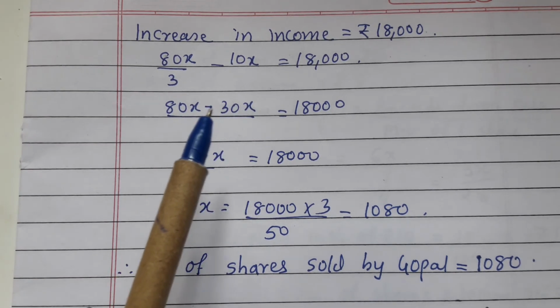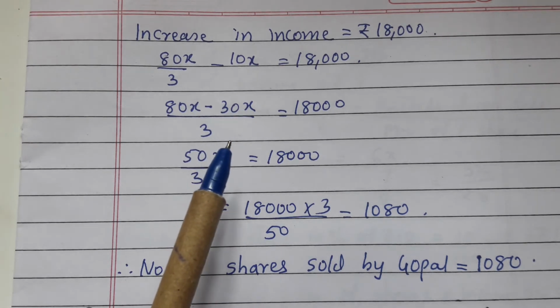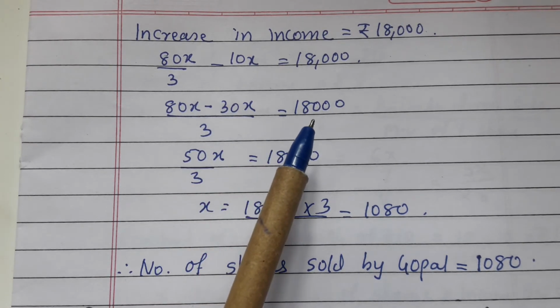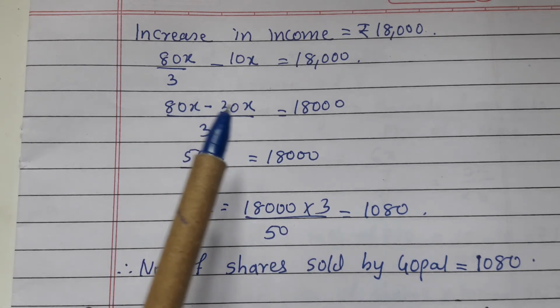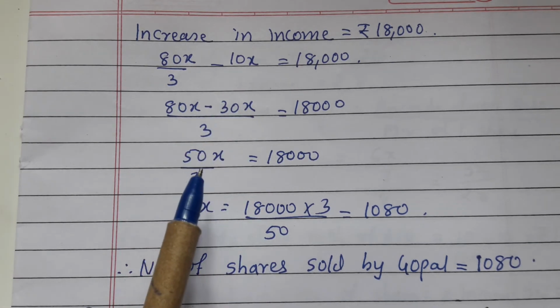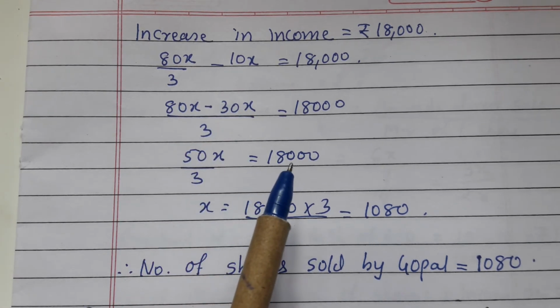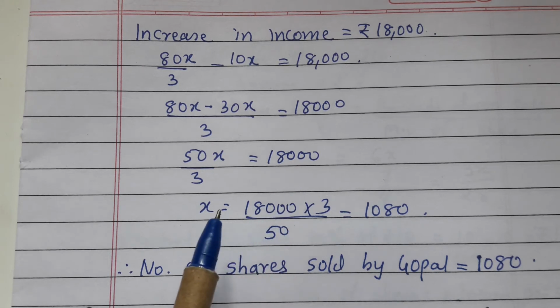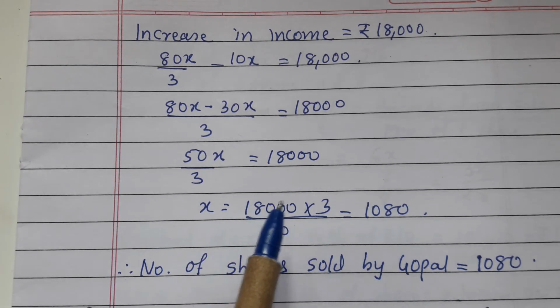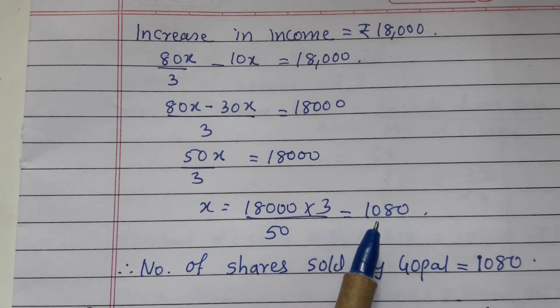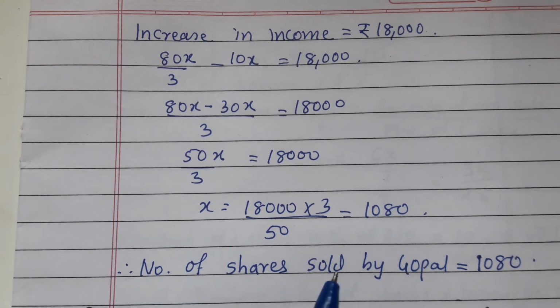Therefore 80x minus 30x upon 3 is equal to 18,000. 80 minus 30, 50x upon 3 equal to 18,000. Therefore x is equal to 18,000 into 3 upon 50, equal to 1080. Therefore the number of shares sold by Gopal is 1080.